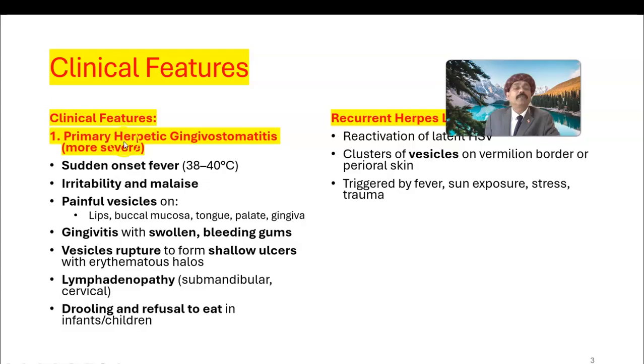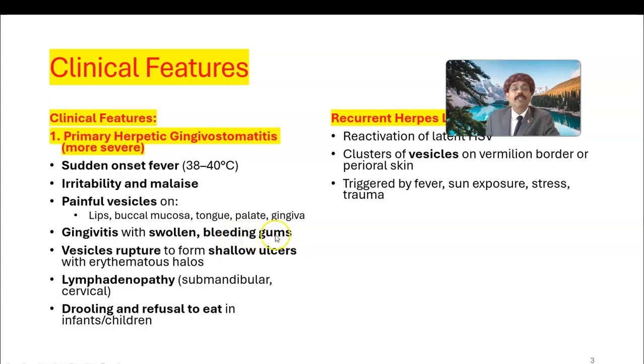Clinical feature: primary herpetic gingivostomatitis. This is more severe, with sudden onset of fever, irritability, malaise, and painful vesicles on the lip, buccal mucosa, tongue, palate, and gingiva.